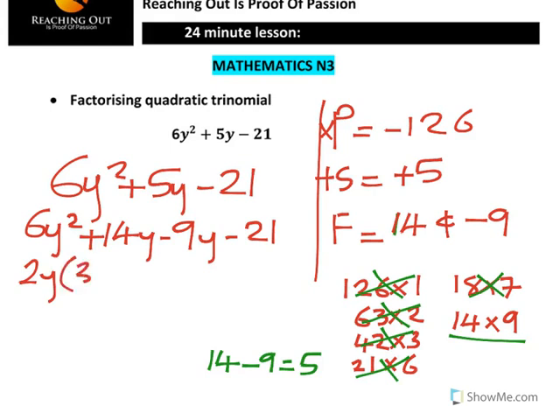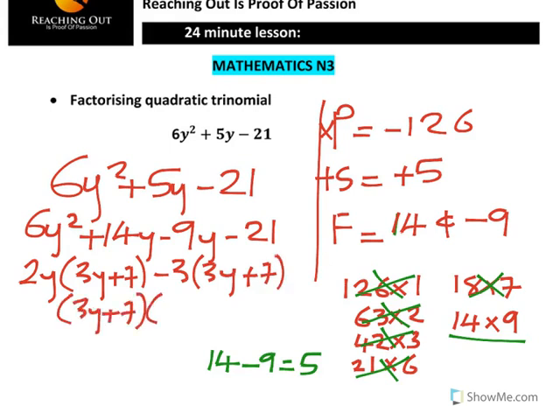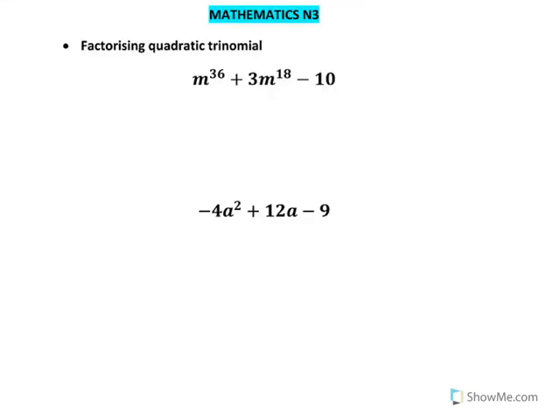I'm going to get 3y plus 7, and minus 3 here. I'm going to get a 3y plus 7. So 3y plus 7 and 2y minus 3. You can expand again. Remember, to multiply, it will get you back to 6y squared plus 5y minus 21.